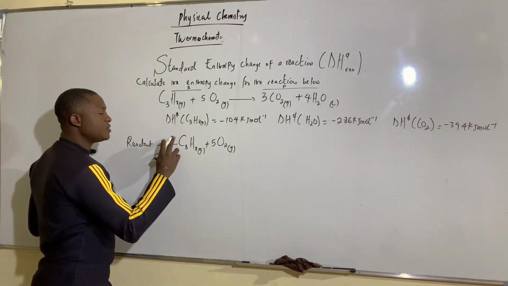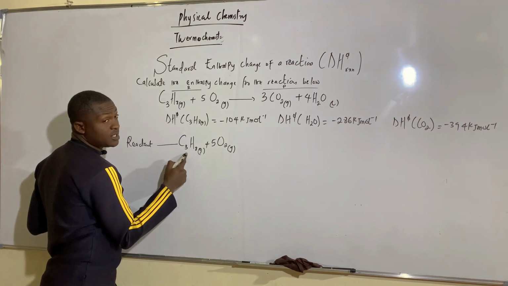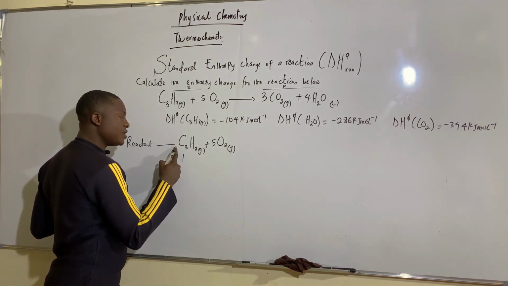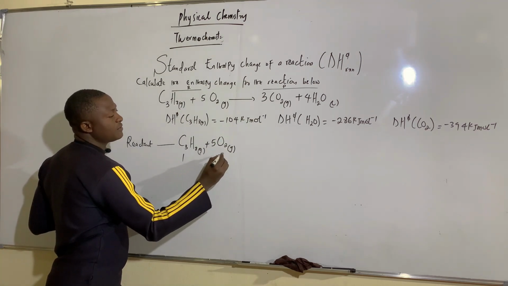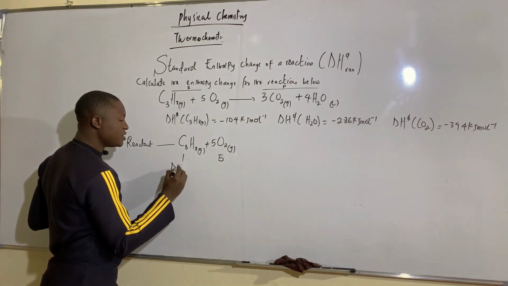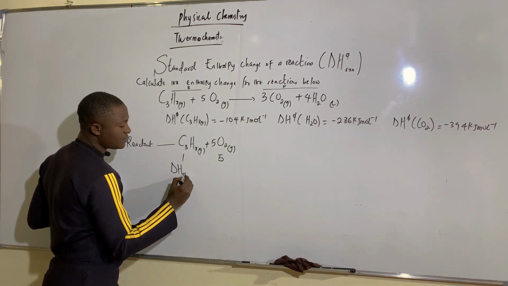You can see the mole of this one is 1, because the 3 and the 8 are just subscripts. And here we have 5. I hope you are following the 5 that we have here. So let's find the heat change at the reactant now.